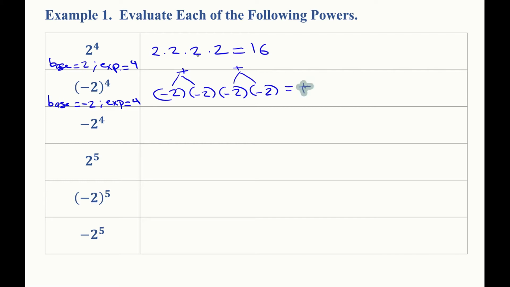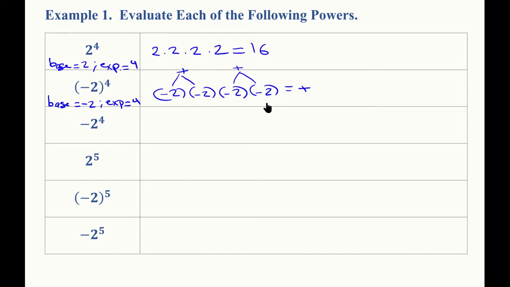So when it comes to a product, the easiest way to tell the final result, if of course you have only multiplication involved here, is to count the number of negative factors. If that number is even, we're always going to get a positive answer. Even if we have some positive factors in there, it's not going to make any difference. The only thing that's going to matter is counting the number of the negative factors.